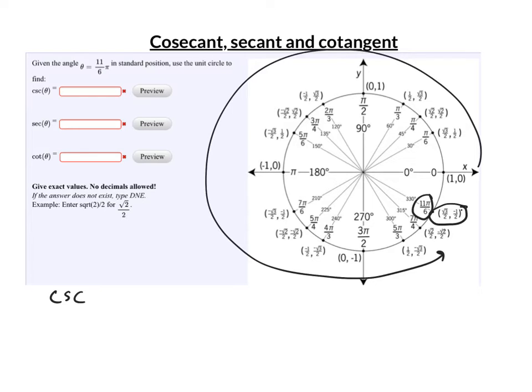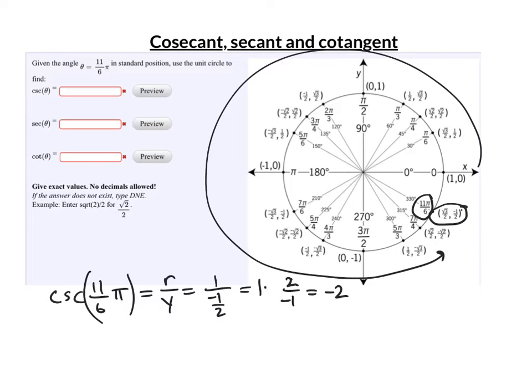So the cosecant of 11/6 pi, or 11 pi over 6, is r over y. R is 1. So 1 over y, 1 over -1/2. Now we're going to multiply by the reciprocal and flip that. 2 over -1. And that ends up being -2.